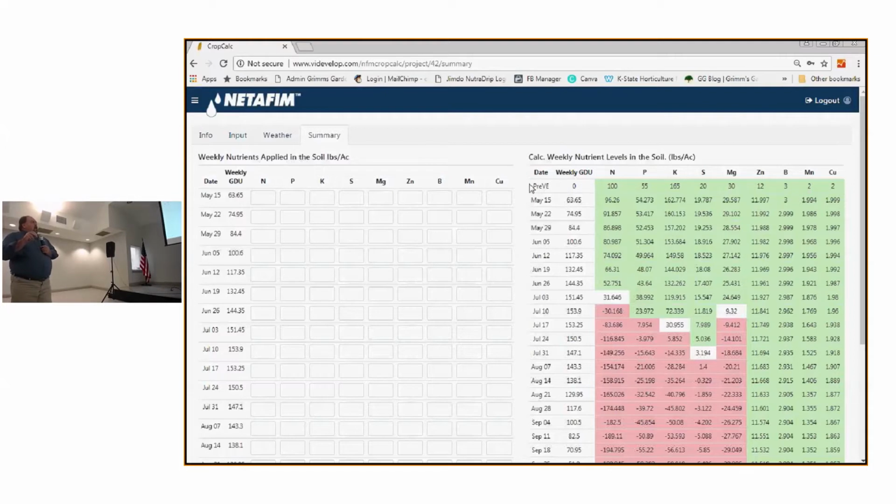So again, what does green say? I'm ahead. I'm ahead of needs by how far? Everybody remember? 20, very good. 20% ahead of needs.